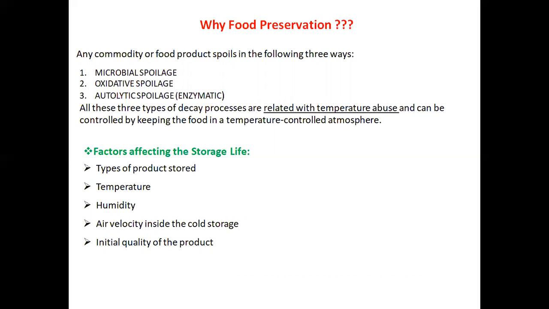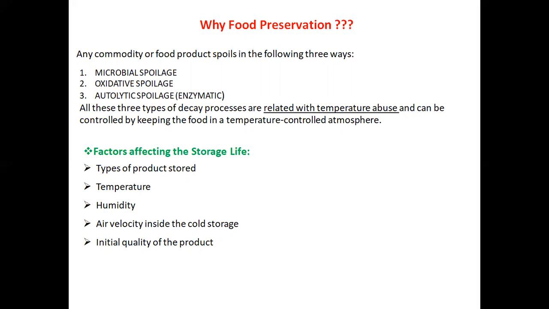If you have to control food spoilage because of the microbial activity, or the enzymatic or oxidative activity already present in that food, you have to control the temperature. If you are able to control the temperature, you can control the decay of the food and increase the storage life of the food in the controlled temperature environment, right?